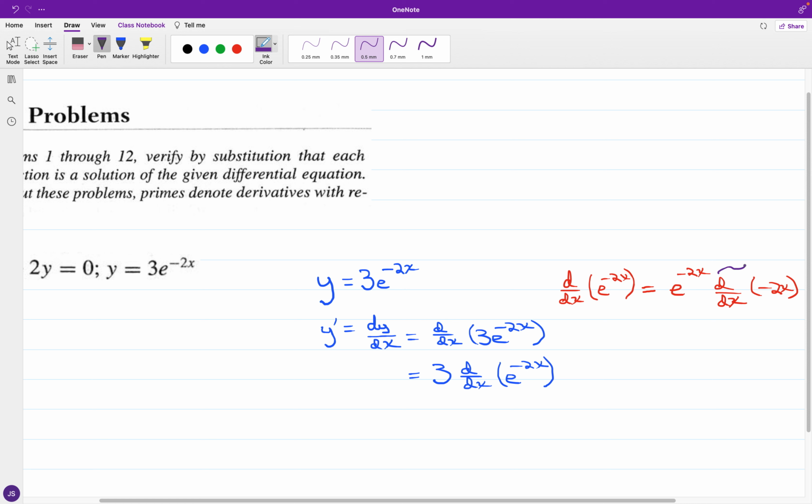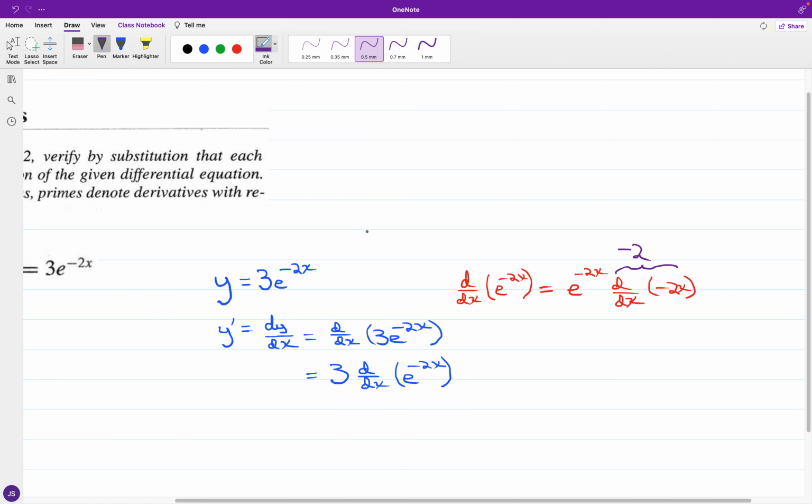And of course the derivative of negative 2x is negative 2. Coupling with e to the negative 2x, it turns out that the derivative of e to the negative 2x will be negative 2 times e to the negative 2x.